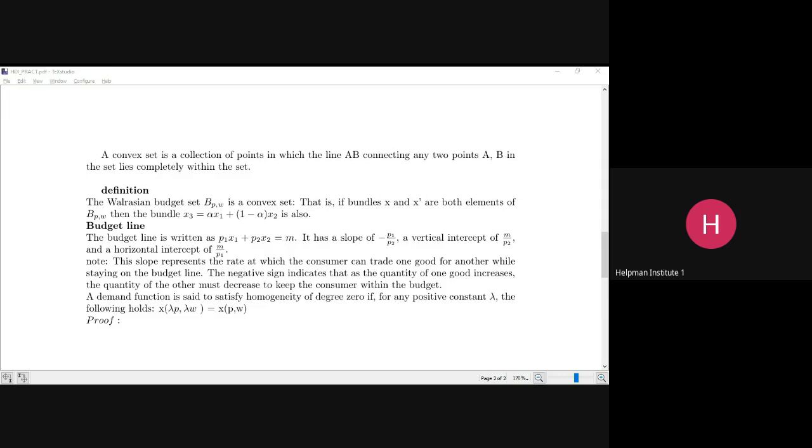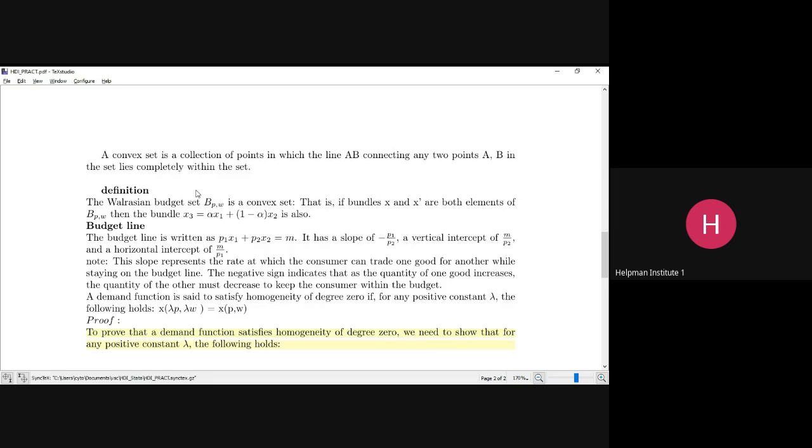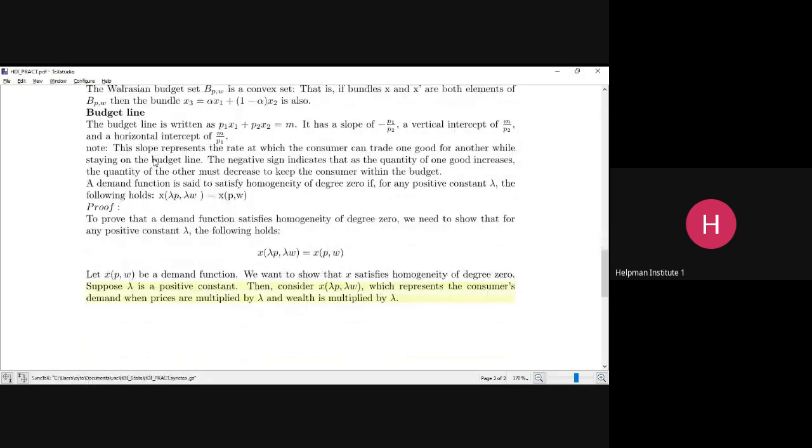To see this proof, suppose this is constant, then we consider our alpha. So let's consider the right-hand side of this.